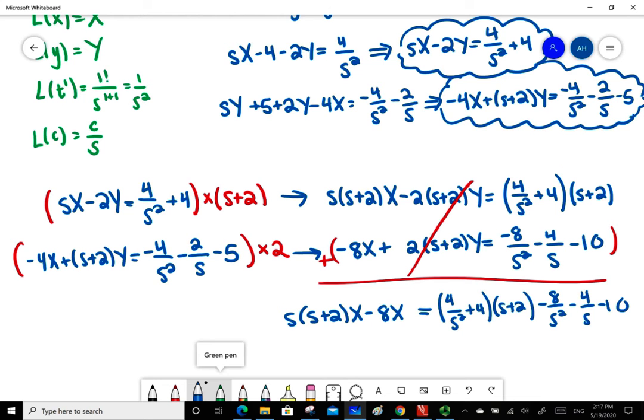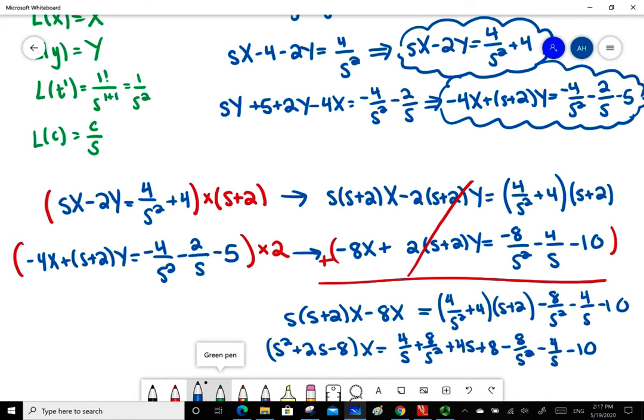Multiplying everything out, (s squared plus 2s minus 8)X equals 4 over s plus 8 over s squared plus 4s plus 8 minus 8 over s squared minus 4 over s minus 10, which simplifies a lot when we combine like terms.